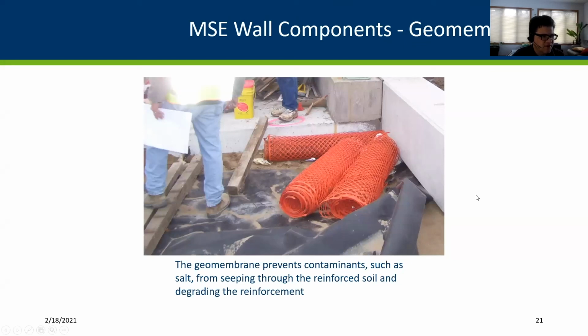This is common with our thin panel walls because they have steel reinforcing. We want to make sure that the oils and de-icing salts don't migrate into the fill and begin corroding the steel reinforcing. So we'll put an impermeable layer there that will prevent that water from the roadway working its way into the fill.